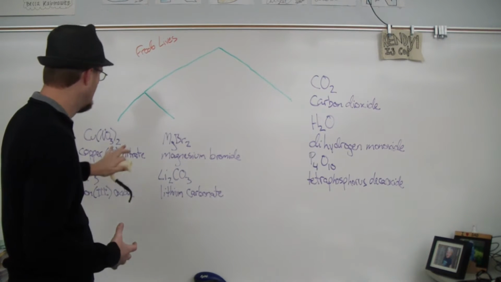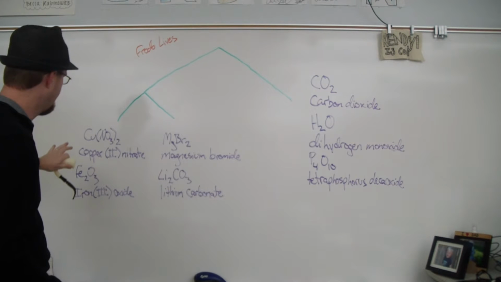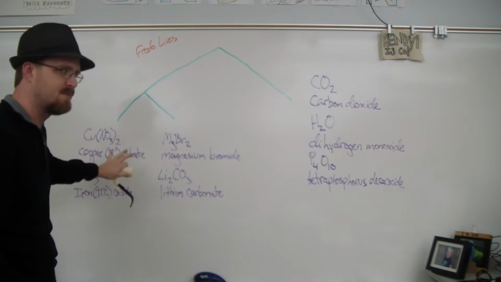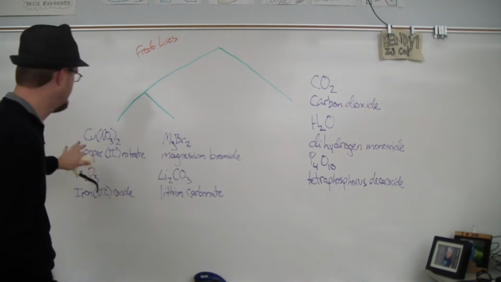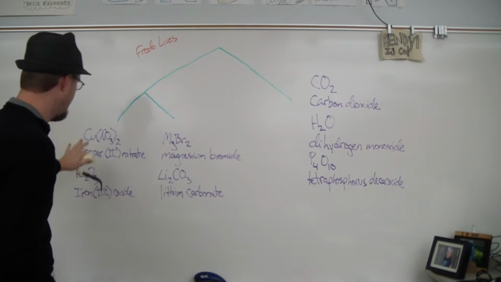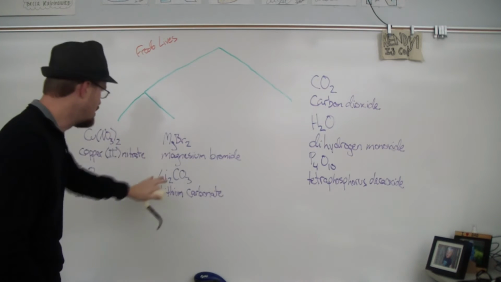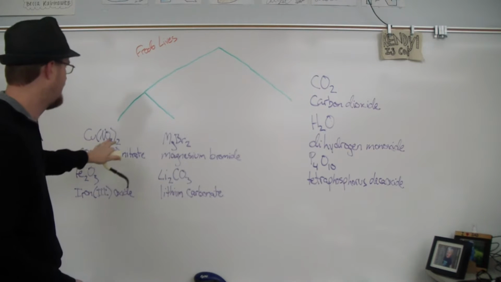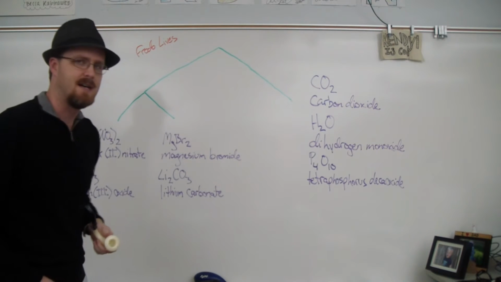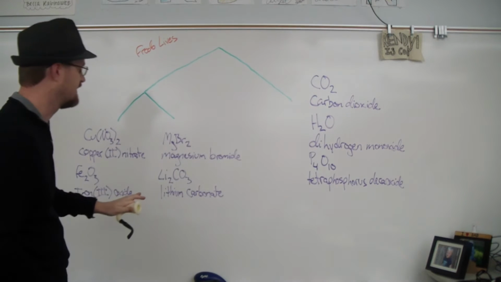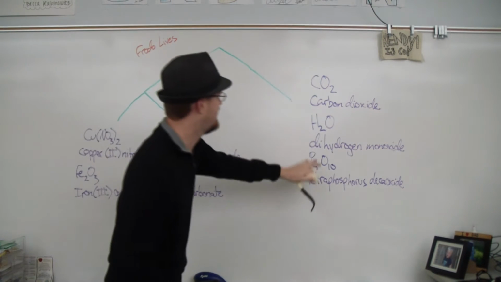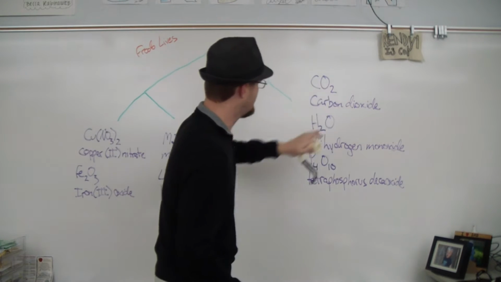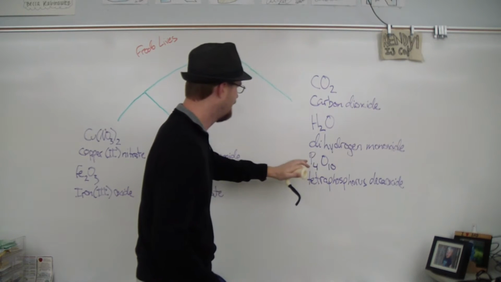Let's see. Down here we have obviously some ionic compounds, because all of these compounds have a metal and a non-metal, or in the case of these two, the positive ion and a negative ion. So these are clearly ionics, and over here we got carbon, oxygen, hydrogen, oxygen, phosphorus, oxygen.